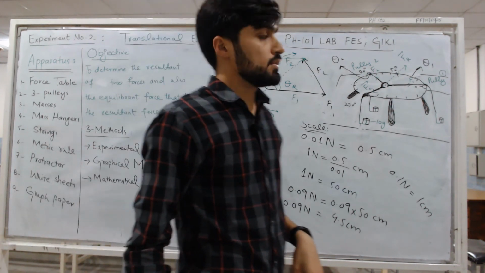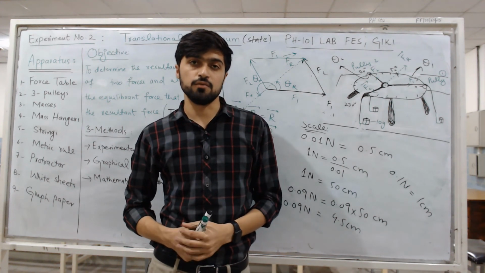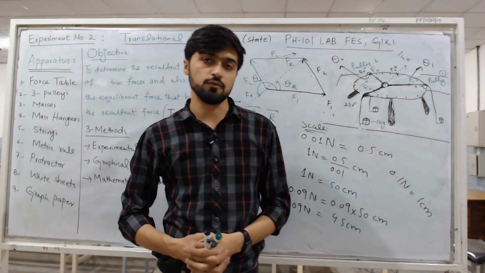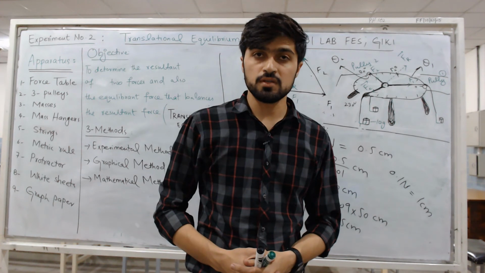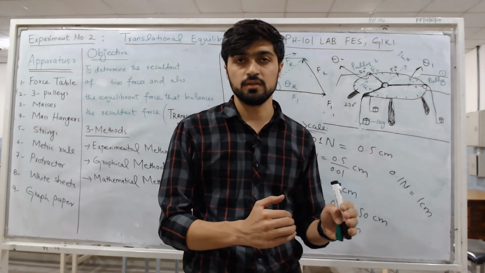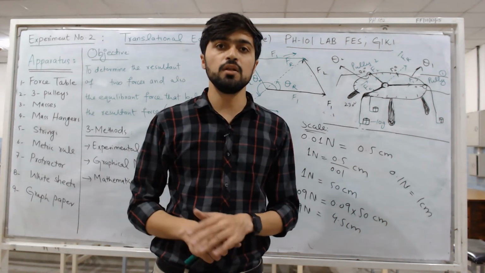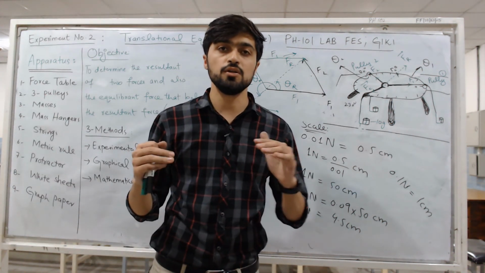So this was all about our today's experiment, translation equilibrium, and the purpose was to find the resultant of the forces, the equilibrium, and then to find a force that balances the two forces. Hopefully when we demonstrate this practically, you will have a better idea how to resolve these forces.